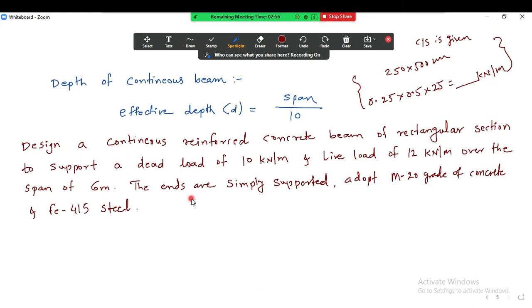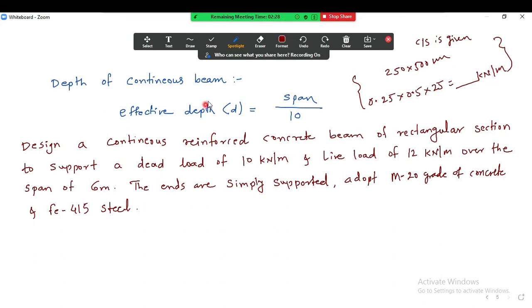They have just told us continuous beam. So nothing is given to us, so we will consider it as a 3 span continuous beam and solve the problem.